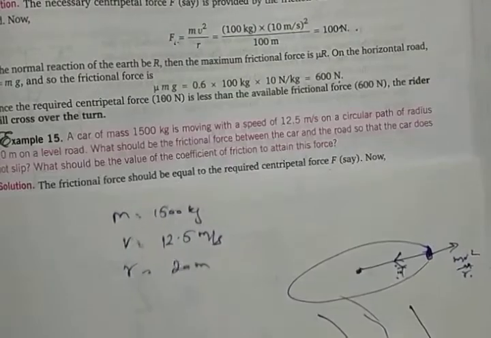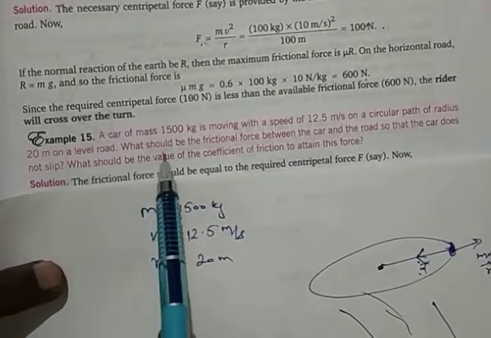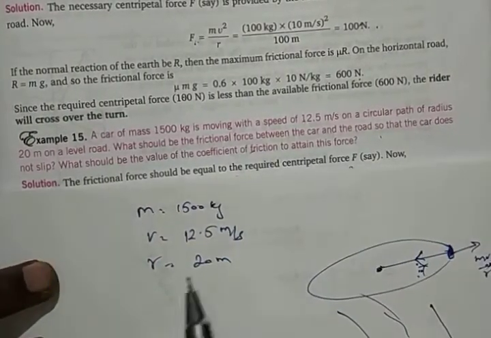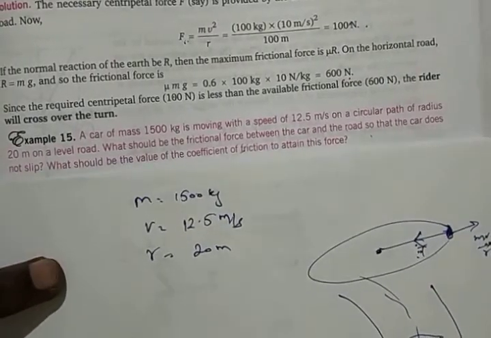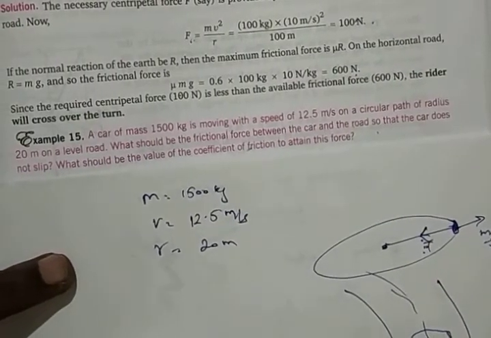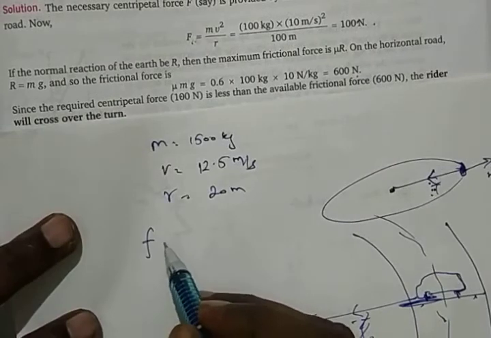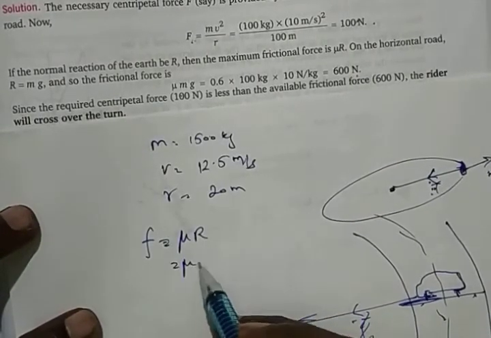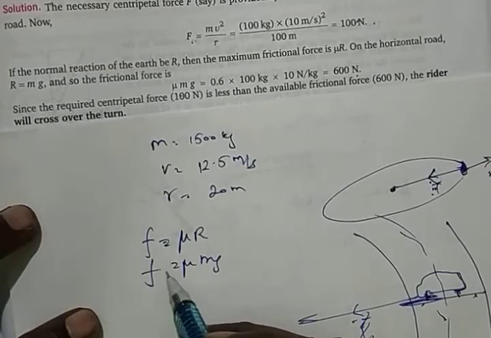So here, what should be the frictional force between the car and the road so that the car does not slip? It is quite a straight question. The frictional force is going to be equal to mu into R, which is equal to mu into mg. That is the frictional force.